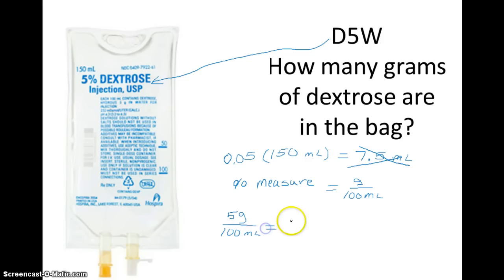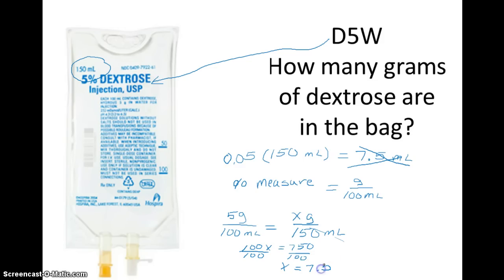We're asking this question, how many grams, and we have a total IV right here, our total amount of 150 milliliters. So we do the math, we cross multiply, and we have 100x is equal to 750, and I divide by 100 on both sides, and I get x equals 7.5.